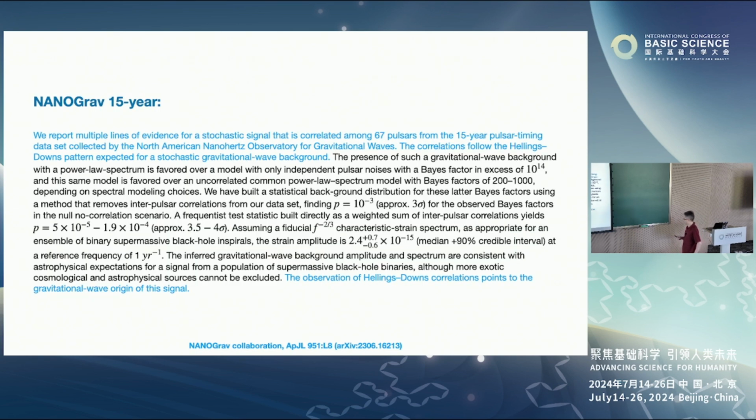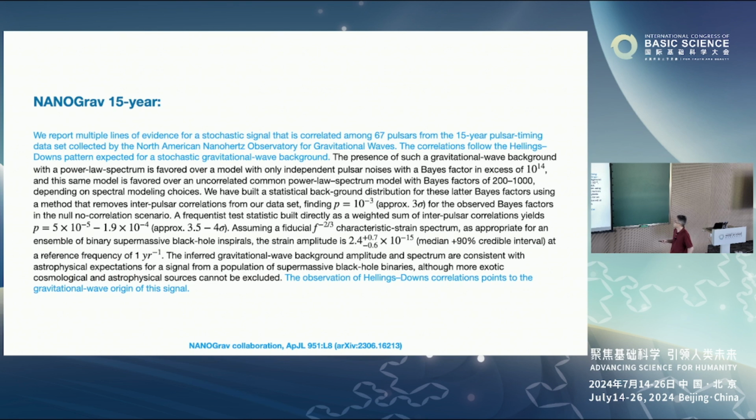So let's see what they claim in their paper. First of all, let's see the abstract from NANOGrav. They report multiple lines of evidence for a stochastic signal. They correlate it among the 67 pulsars from the 15-year pulsar timing dataset. And they also claim that the correlation follows the Hellings-Downs pattern expected for a stochastic gravitational wave background.